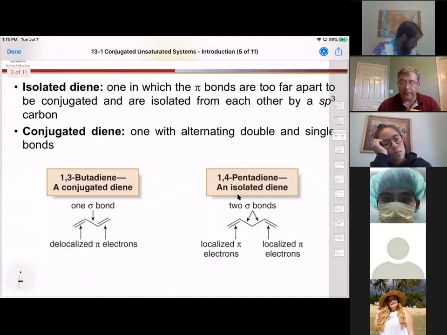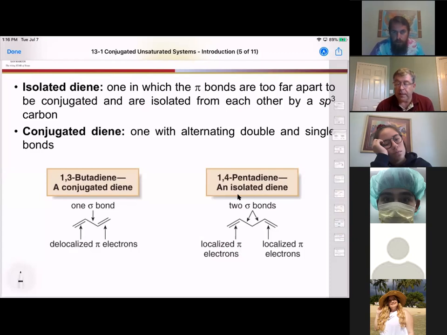The diene is the first and simplest of the unsaturated conjugated systems because we can have those two double bonds that can feel each other or see each other, okay? We have different types of these dienes. We have what we call isolated dienes, which means that we have at least one sp3 carbon in between the double bonds. What this means is that they are no longer electronically connected, and I'll show you why.